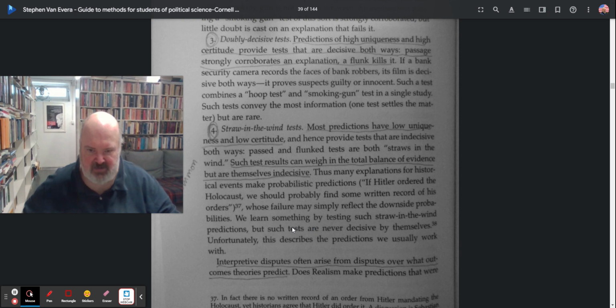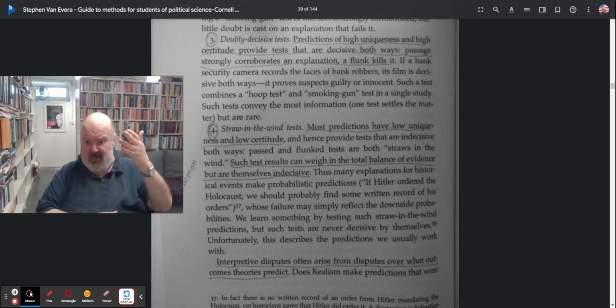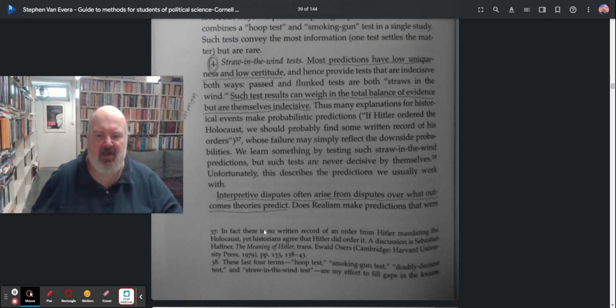They fill gaps and get us thinking, and they might help us generate ideas, theories or hypotheses, but they're not decisive to validate or invalidate.